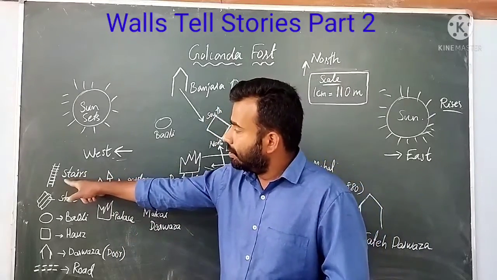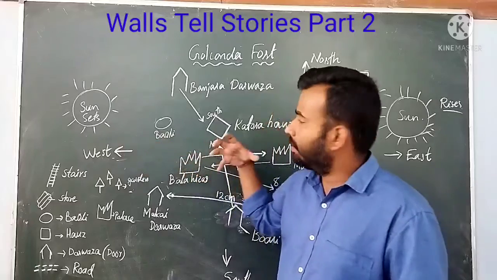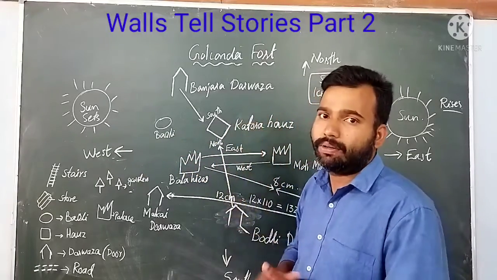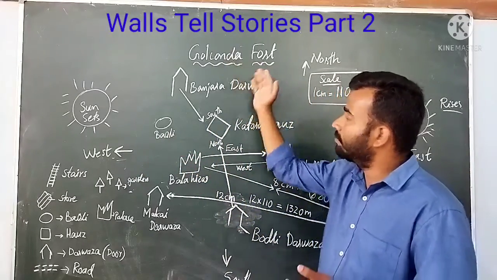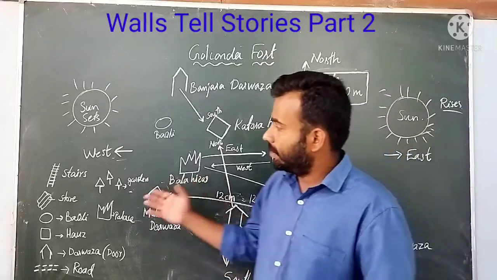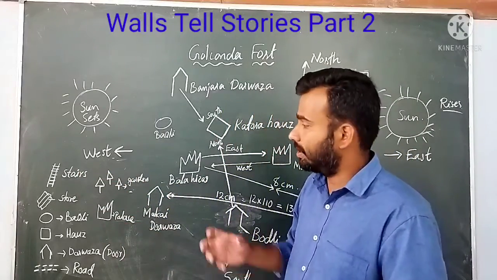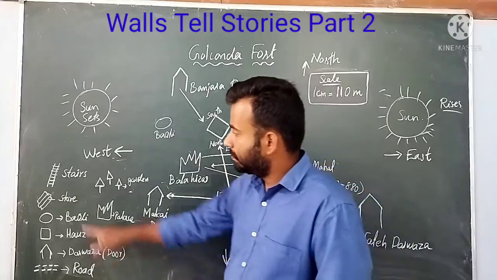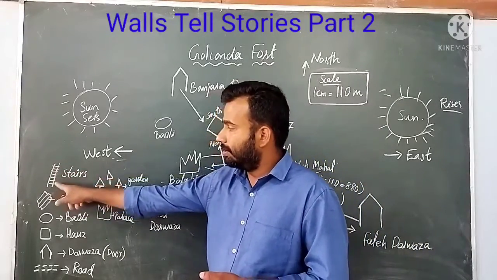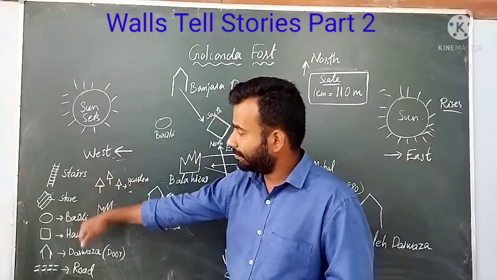Before we discuss this particular map of Golconda Fort, we will first see the symbols that are used to represent certain objects on the ground. See this kind of symbol that shows stairs.